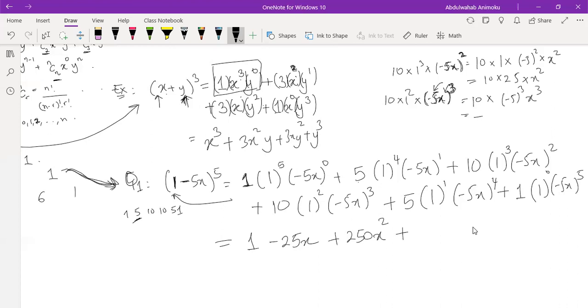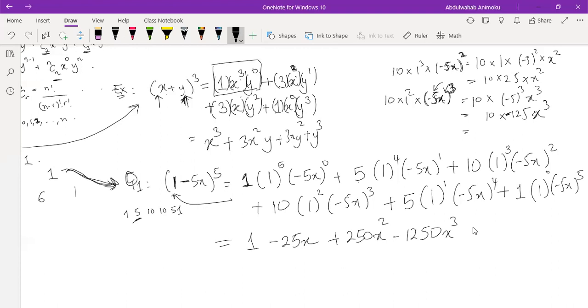Minus 5 raised to the power 3 is 25 times 5, that is 125, so minus 125. So basically this minus is supposed to come in front here, right? x cubed. So this will give us minus 1,250, so minus 1,250x cubed.